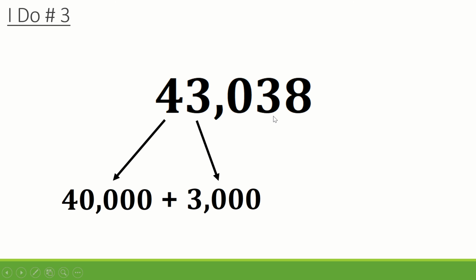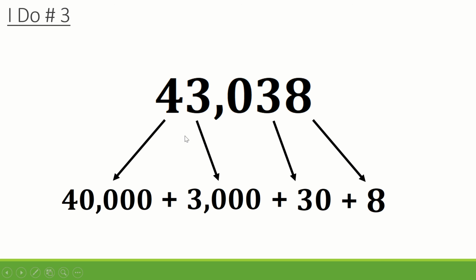So I can skip over that and move to the tens place. And so for the 3, I can note that it is in the tens place, and so therefore it has a value of 30. And finally, for the 8, it is in the ones place, so it has a value of 8.